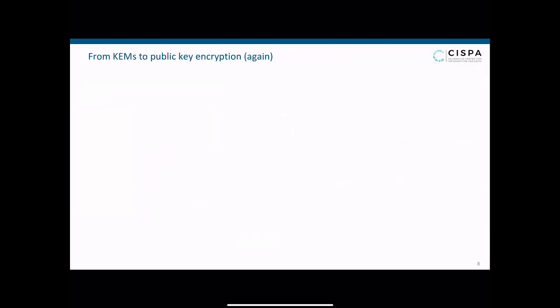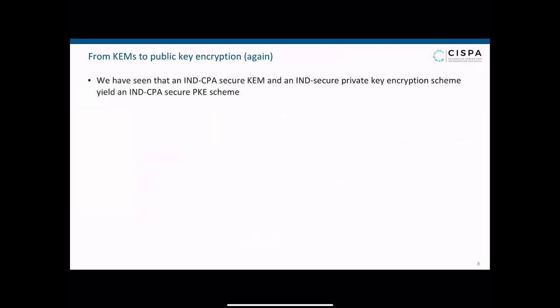Okay, good. So last lecture, in the lecture on hybrid encryption, we have seen how an IND-CPA secure KEM combined with an IND-CPA secure private key encryption scheme gives us an IND-CPA secure public key encryption scheme.